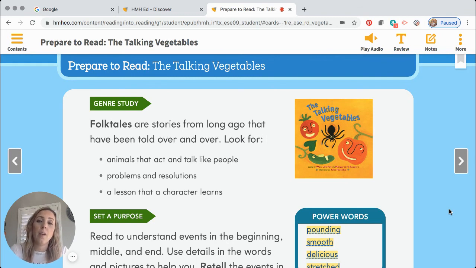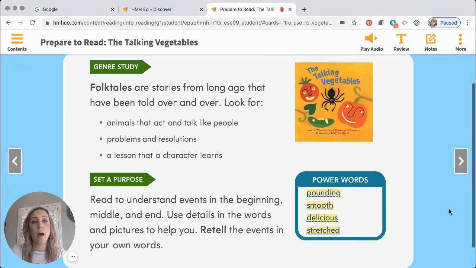And so we know that in folk tales, oftentimes there is a lesson that the character learns. And so today we're going to be looking specifically at the lesson that the spider is learning from those talking vegetables that he encounters.